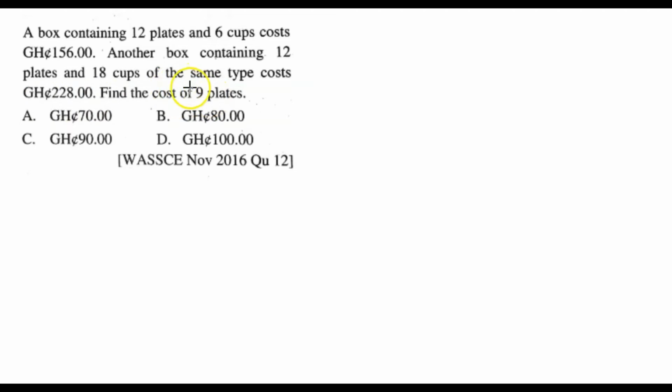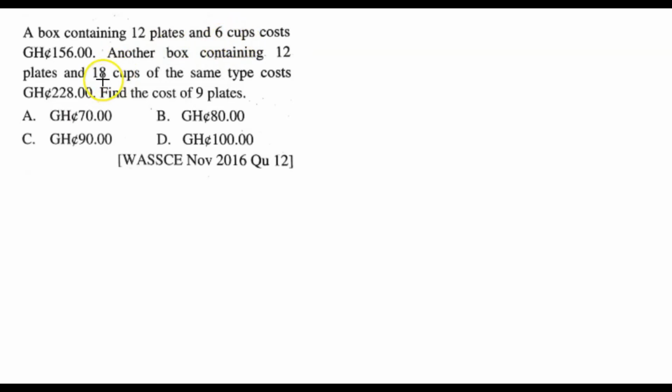So we are interested in the cost of plates and not the cups. In this scenario, we don't have the equations. Therefore, we need to generate our equations and then solve for the variables we actually represent in the equations. Per the information, we know the number of plates and the number of cups in one box.